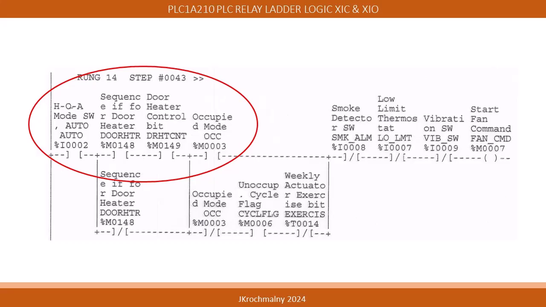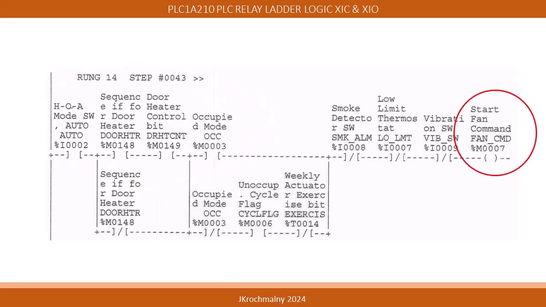Looking at these examples, we can understand that the HOA switch, door heater control, and the occupied mode switches all must close to turn on the rung load. In this graphic, we point out the rung load, that will cycle based upon the switch conditions located upstream.